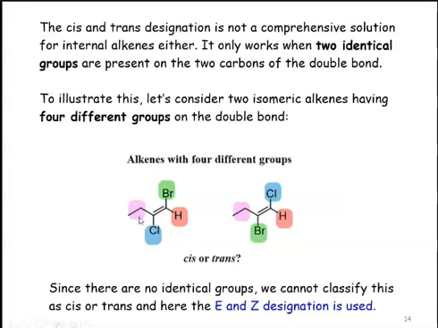Here we can see four different functional groups. They are attached to the doubly bonded carbon atoms. Okay, and here we can observe all the attached functional groups or atoms are shown in different colors. And what are they indicating? They are indicating that all the attachments are different from each other.